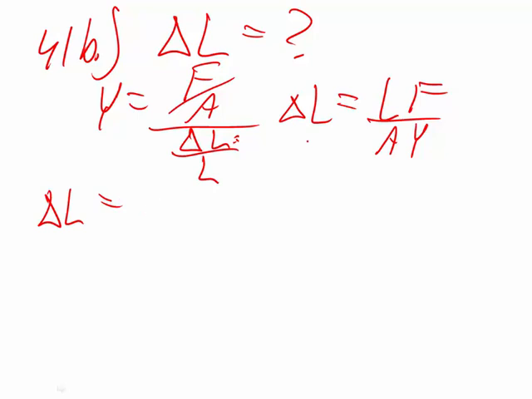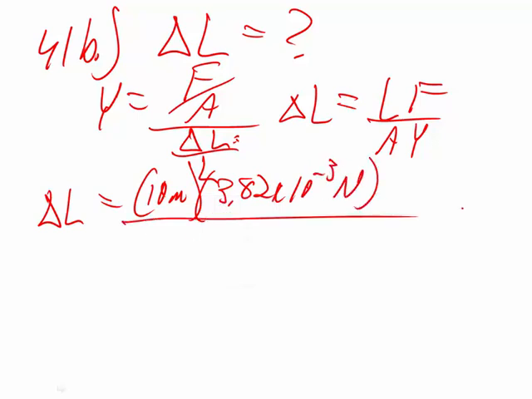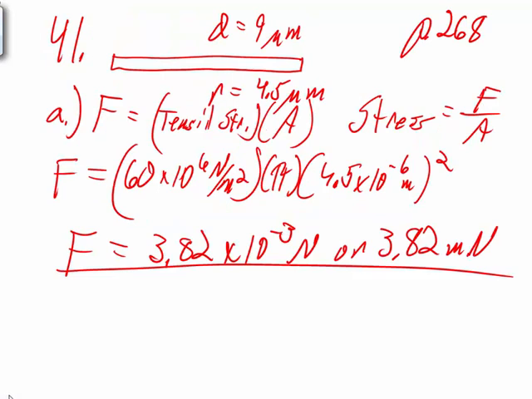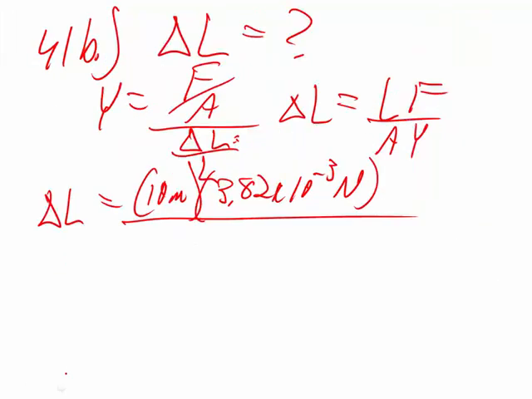All right, the length was what? 10 meters. The force was what? 3.82 times 10 to the negative third newtons, divided by, I believe that's right, wasn't it? Yeah, okay. The Young's modulus was what?